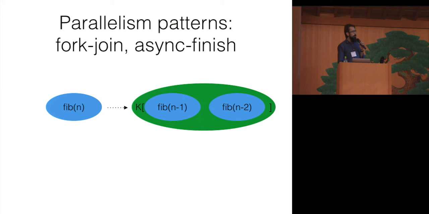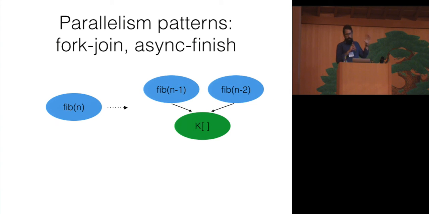In practice, we can think of it as three completely separate computations: fib of n-1, fib of n-2, and a third computation that at present cannot proceed because it depends on the results of its two subcomputations, the two in blue there.